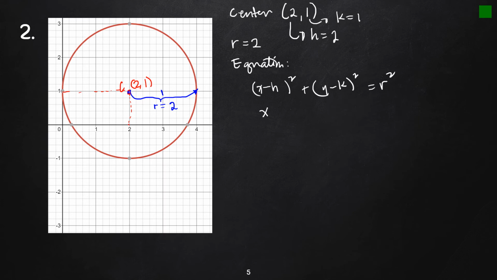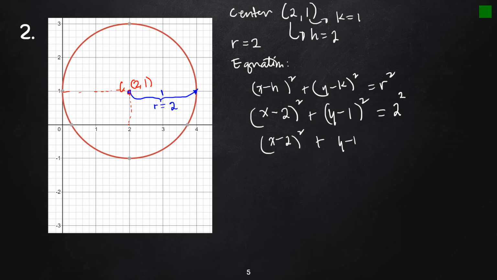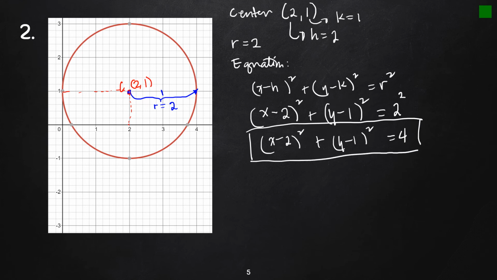Therefore, this is going to be x minus 2 quantity squared plus y minus 1 quantity squared equal to, the radius is 2, so 2 squared. So finally, we have x minus 2 quantity squared plus y minus 1 quantity squared equal to 4. And that's it. We already have the equation of our circle in standard form.